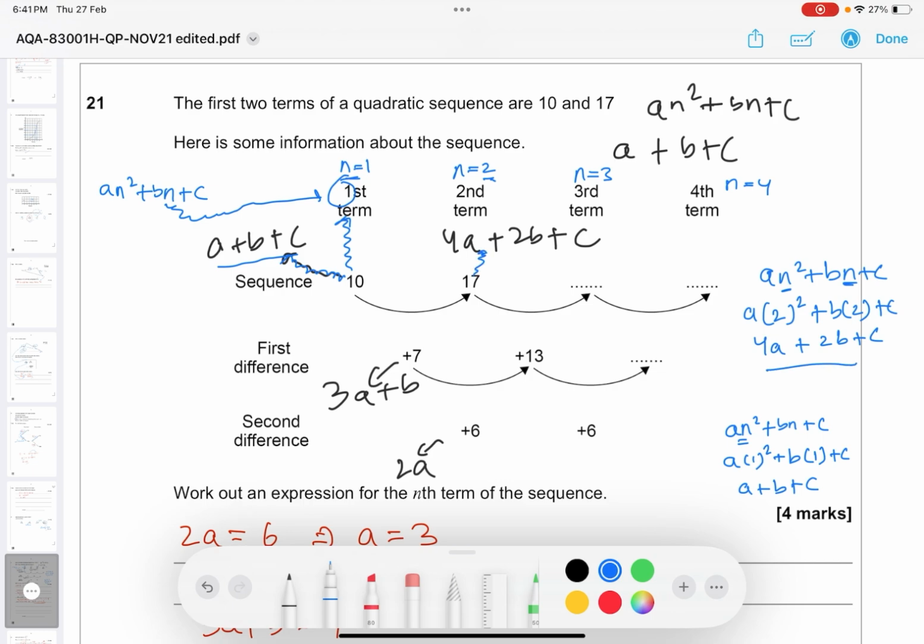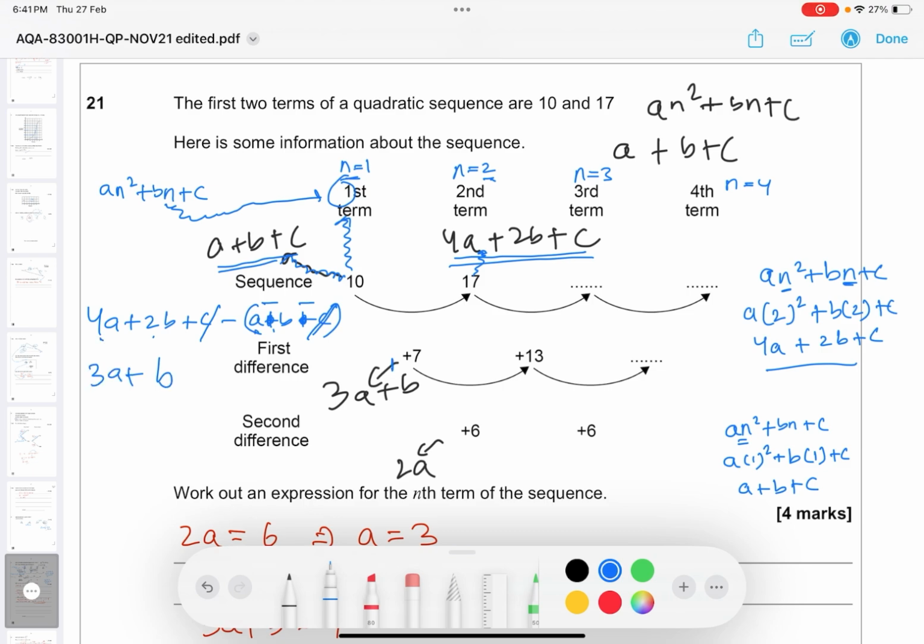Now to find the difference of these two, I will subtract: 4a plus 2b plus c minus a plus b plus c. The c will get cancelled because if I open the bracket, the sign will change and become negative. c is cancelled by c. 2b minus b is b. 4a minus a is 3a.